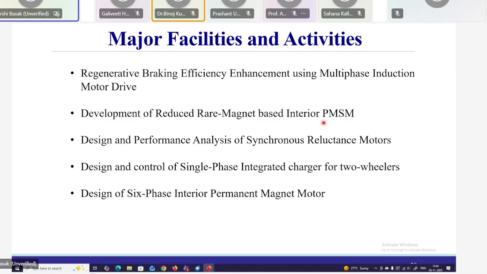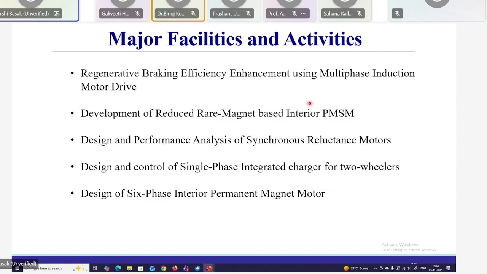Here we worked on the performance analysis and design of a synchronous reluctance motor, where there are no magnets. In such a machine, there is no position of any magnet, so it is a rare earth free motor.